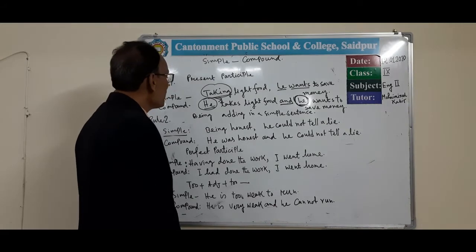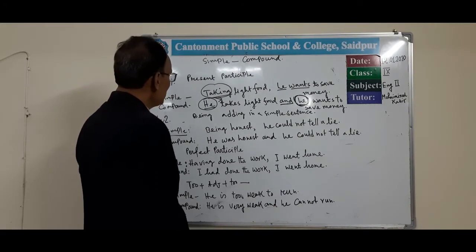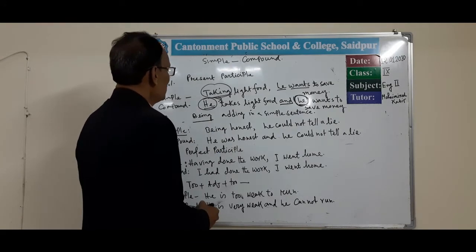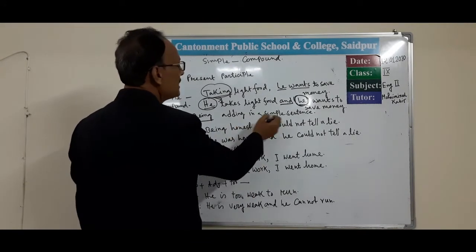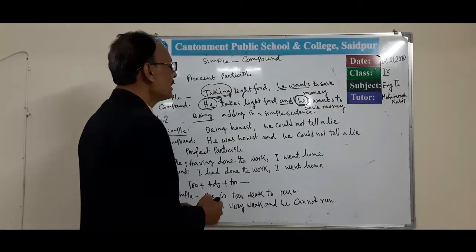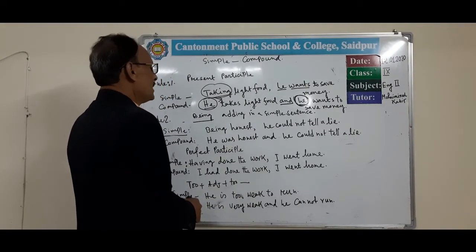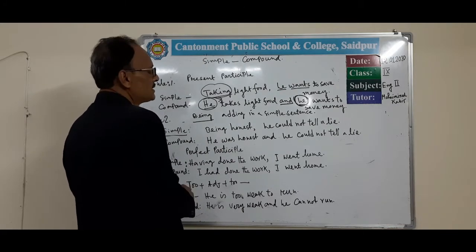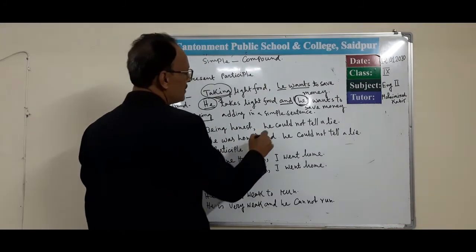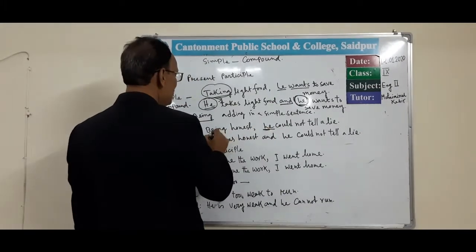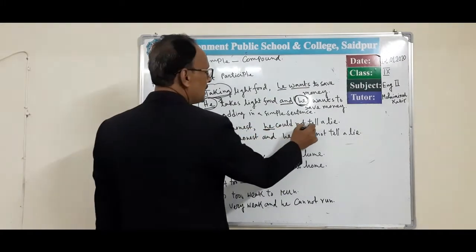Rule number 2: whenever you get being in a simple sentence, how can you change it into compound form? First of all, the subject we use in the independent clause will come first. Here, being honest, he could not tell a lie.